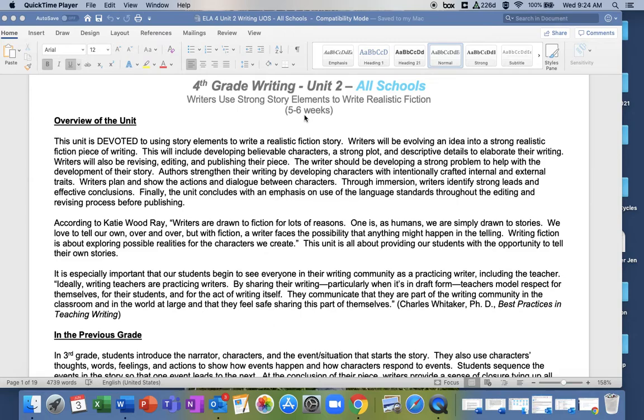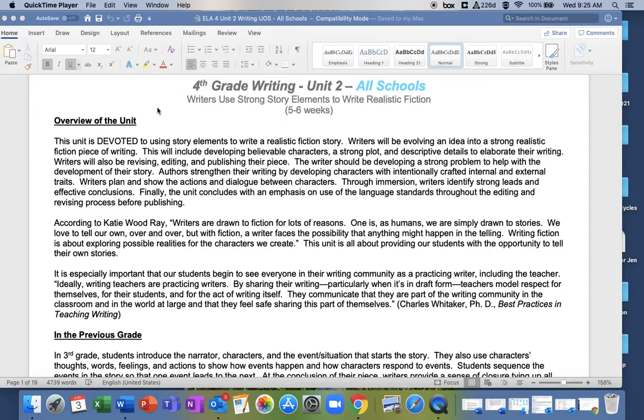So I would like to always pull up a calendar with your team and plug in when the district is scheduled for your grade level to take that specific end of unit assessment. So start there, and then you work your way backwards to fill in the 5 to 6 weeks, because there is a window for those assessments, but it's important that we plan accordingly so we don't miss the assessment date.